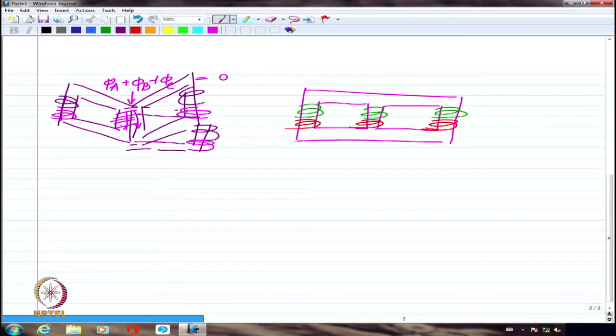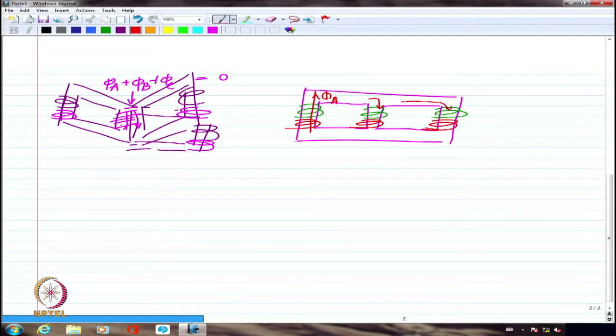All right. But I'm going to assume that the permeability of the other surrounding air is really so small that if I create probably a phi A, this is phi A, flux of A phase, this will divide itself hopefully into 2 halves, almost 2 halves.